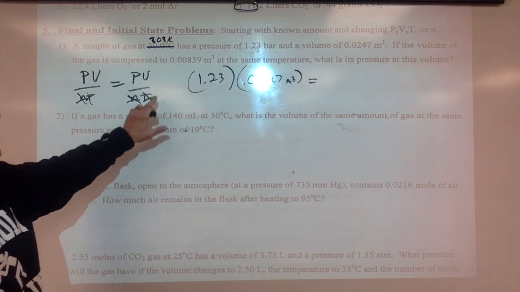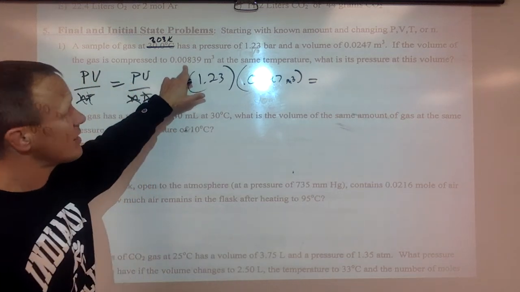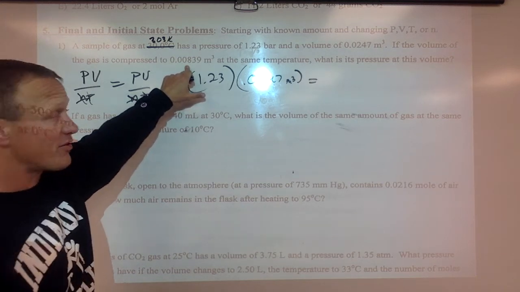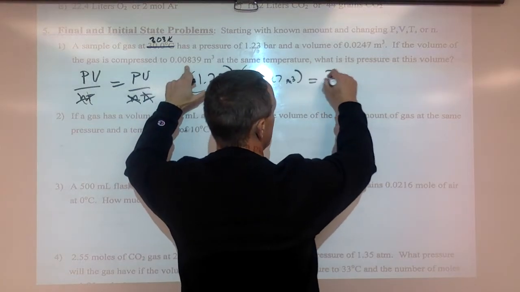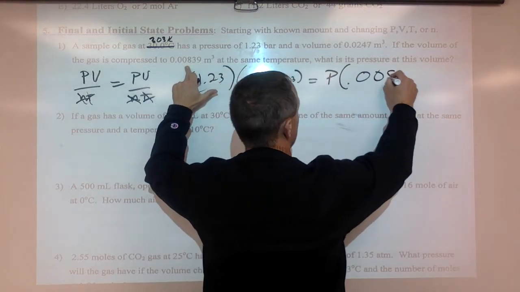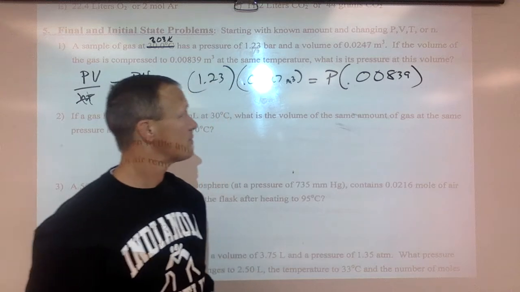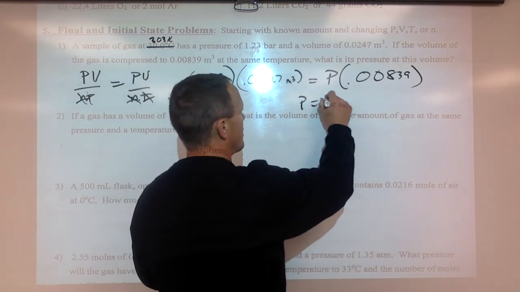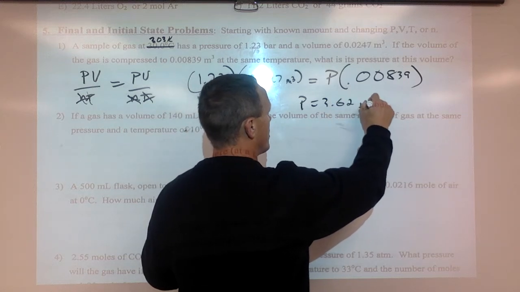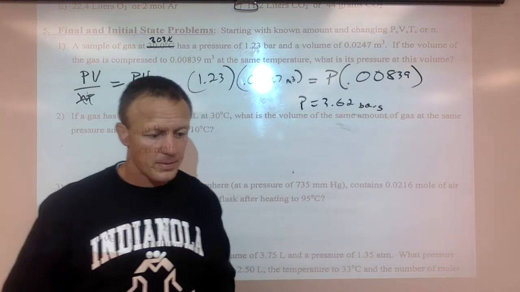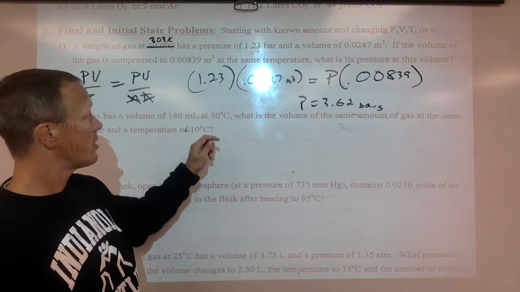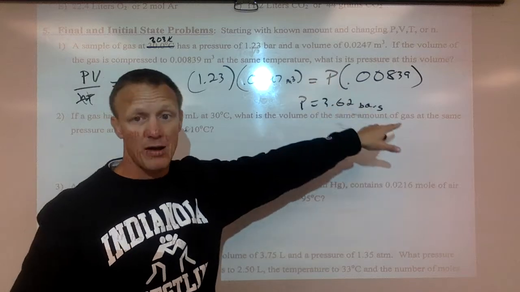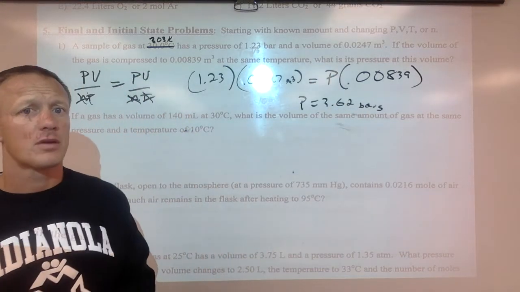So we can say if the gas is compressed down to this, how much pressure did we have to put on it to get to that? So what is the new pressure if we go to 0.00839 cubic meters? So we multiply these two numbers, divide by that, and your pressure is 3.62 bars. Okay, so you've got to increase the pressure from 1.23 bars to this to make it compress from there down to that, to make a gas get smaller.